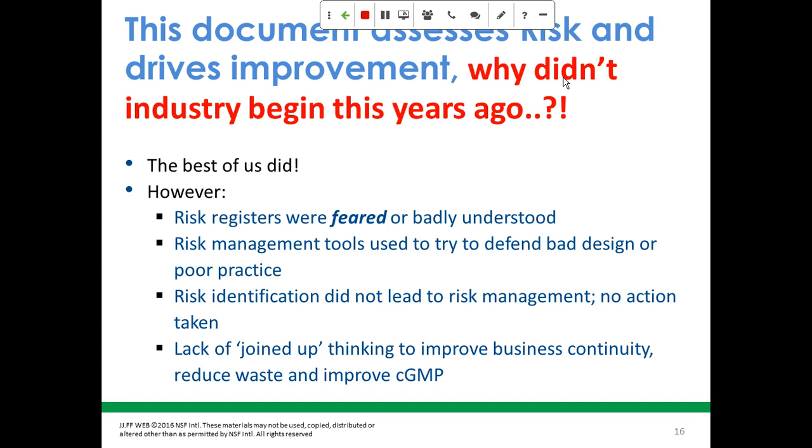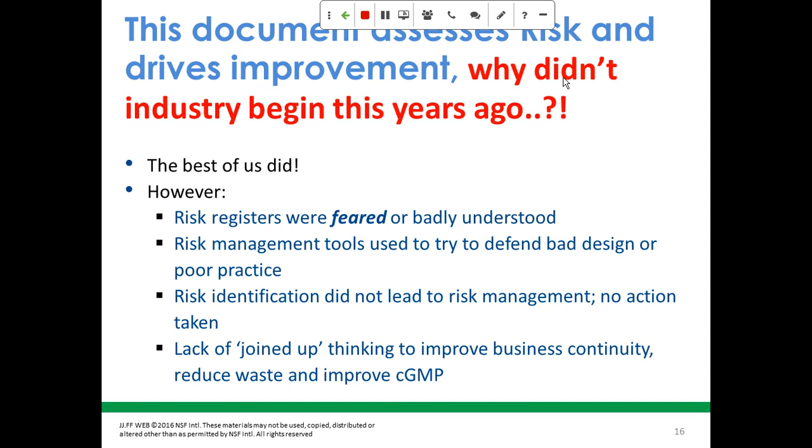Ultimately, if you're going to identify risk, the worst thing that can happen next, of course, is you take no action, because you're essentially saying, I'll live with it. And there may be some risks that you simply can't live with because the size of regret, the consequences of the risk coming to pass are so significant to your business continuity, to your GMP compliance, or the product quality, patient safety aspects of what you do.